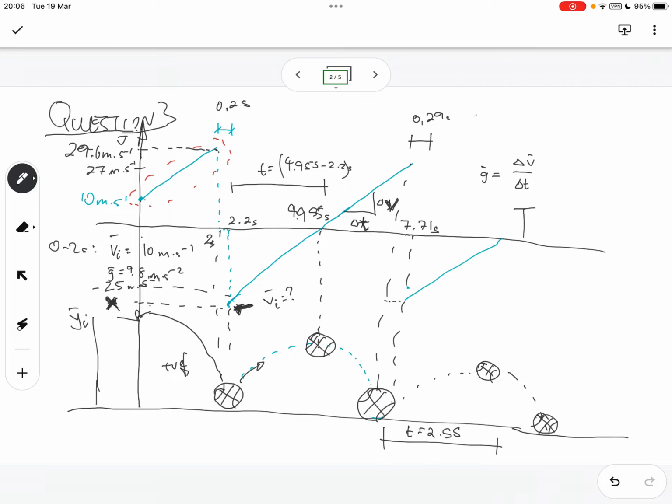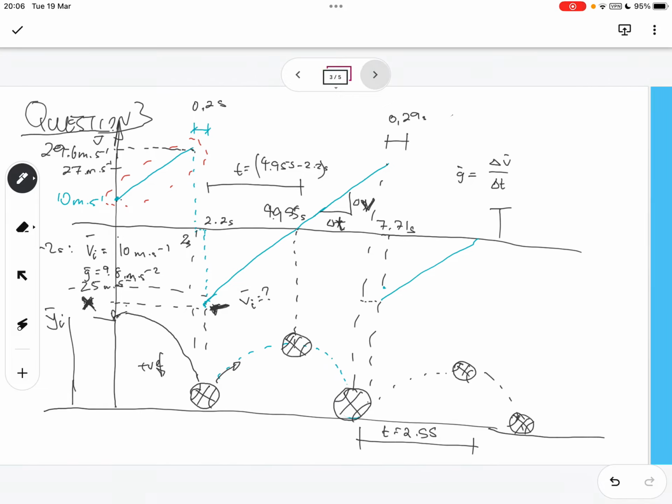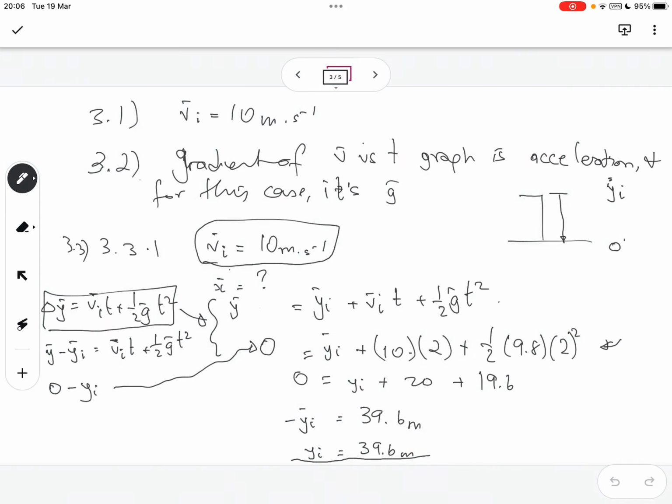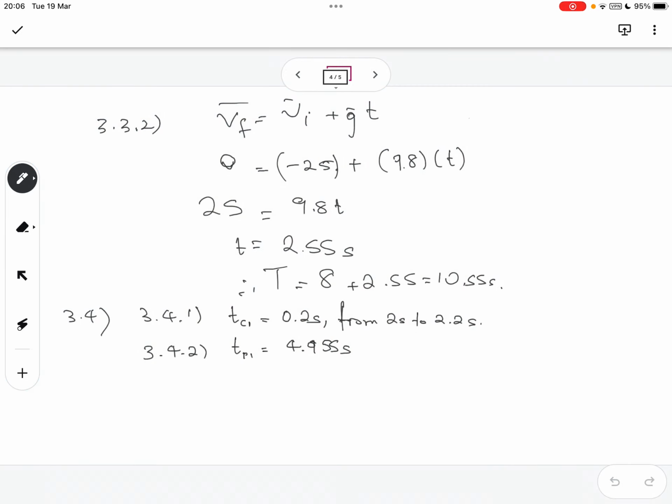I'm just guesstimating, it's 27-ish. So to answer 3.4.3, we're looking at something between 29.6 and 25.